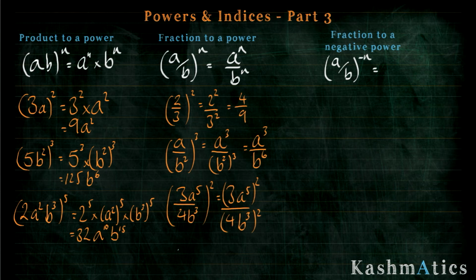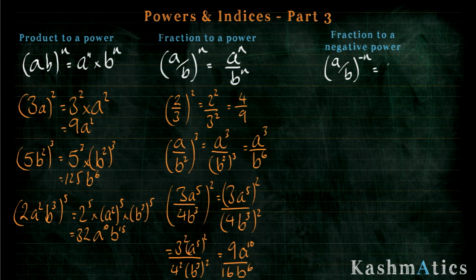And I can rewrite the top by using the first rule, so that would be 3 squared a to the power 5 squared over 4 squared b cubed squared, and now I can finish it all off. So 3 squared is 9, a to the power 5 to the power 2 would be a to the power 10, all over 4 squared, which is 16, and the rest is b to the power 6.